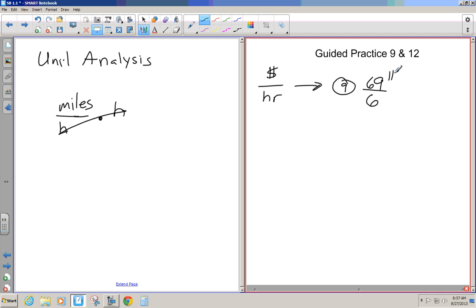So that's dollars per hour. Even if I wasn't sure how to do this problem, I would at least know that dollars per hour I could match. So 69 divided by 6 is 11.5. So you're making $11.50 per hour.